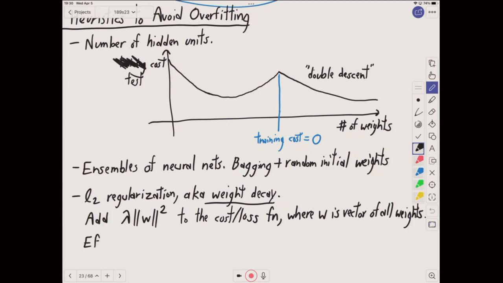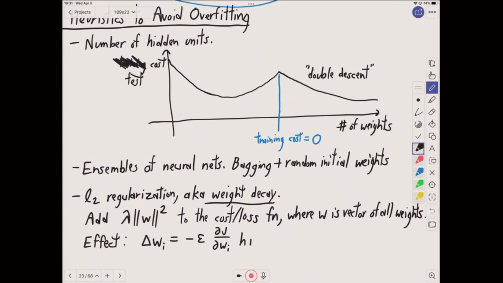Now, the effect of adding this term to the cost function is as if to add, to each step of gradient descent, an extra term. Each wi is going to change by minus epsilon times the partial derivative of the cost function with respect to weight i.